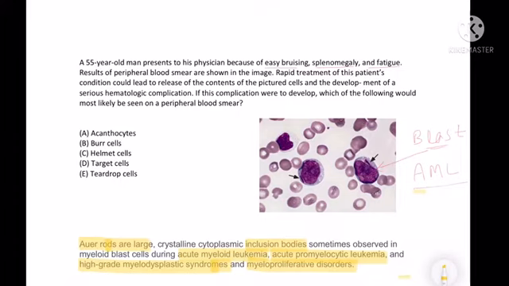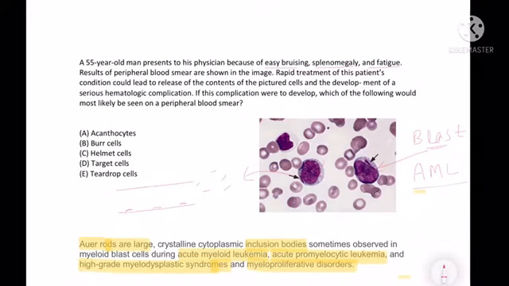for AML. So okay, now if we want to treat this condition, the blast cells are destroyed by chemotherapy. Once they are destroyed, these Auer rods start to release into the circulation. Now these Auer rods start to damage small microvasculature.